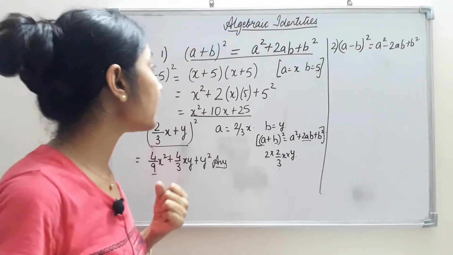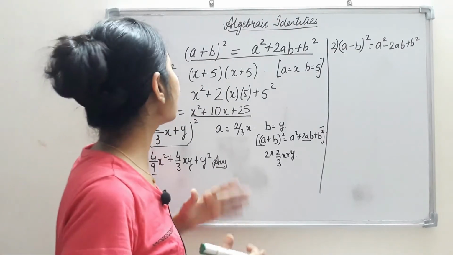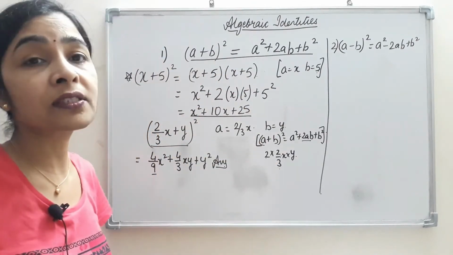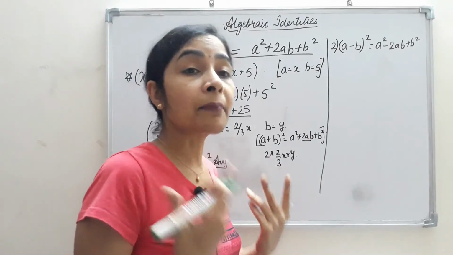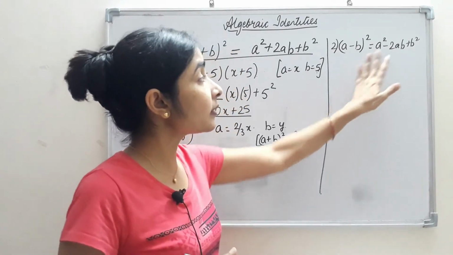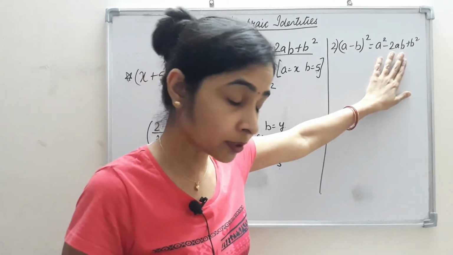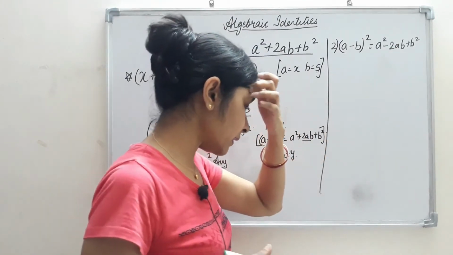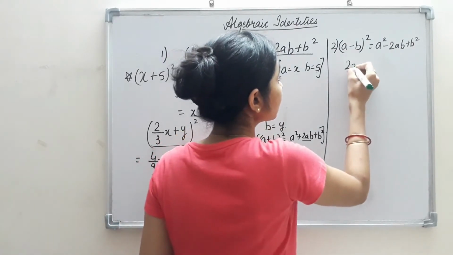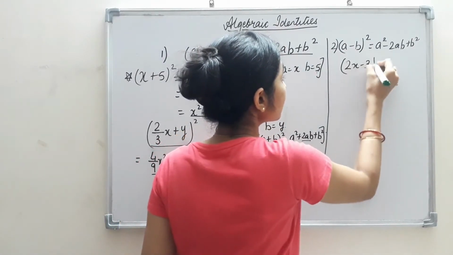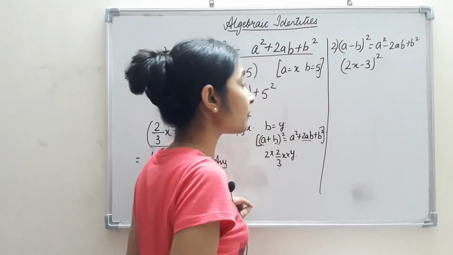So that is our second identity. Now let us understand this also, that every time when we are given an expression like this, having two terms the same and a minus sign in between, then we should get the answer in this format only. Now let us see an example related to it. If we are given 2x minus 3 the whole square, we are supposed to find out the value of this.